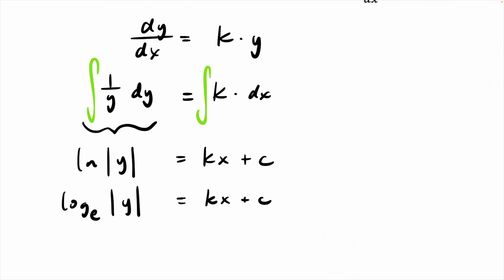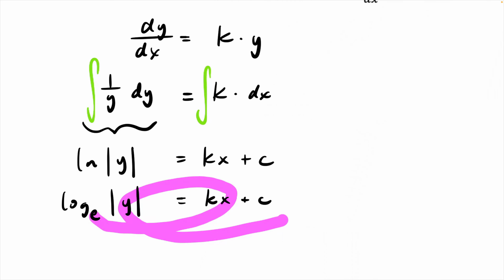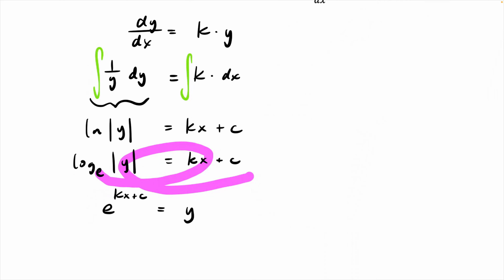To change it from a log to an exponent, we use the loop trick: e to this power equals this guy. So e to the kx plus c equals y.